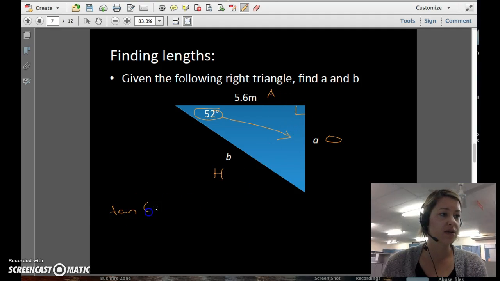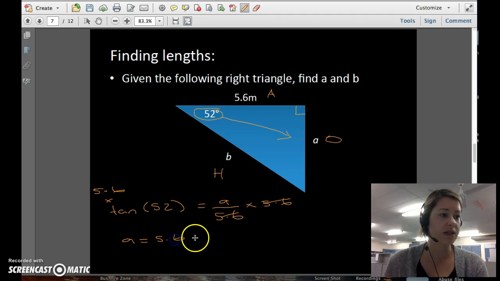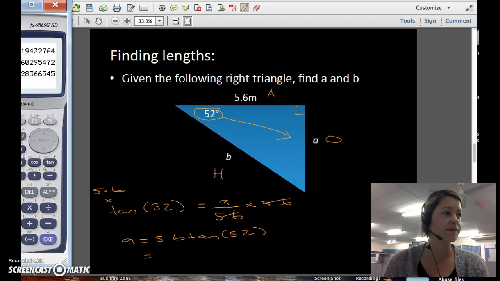So tan of 52 degrees equals O, which is our little a, over 5.6 meters. Again, we times both sides by 5.6. They cancel out. I'm left with a equals 5.6 times tan of 52. And that's when I put it on my calculator.